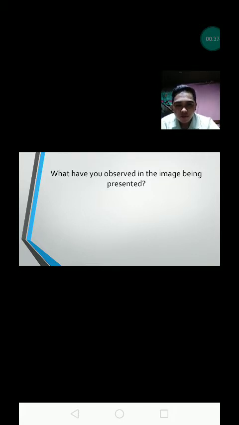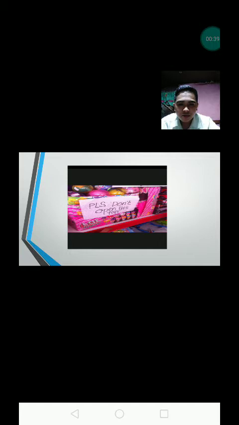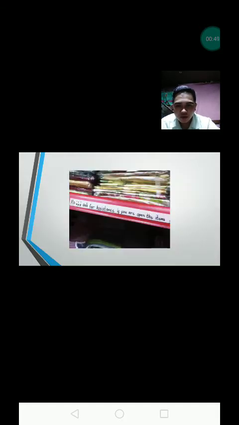Here's figure 1, the first image. And the second one. And the third one.